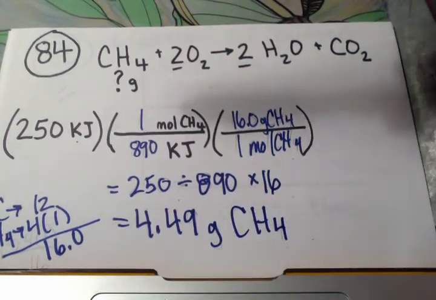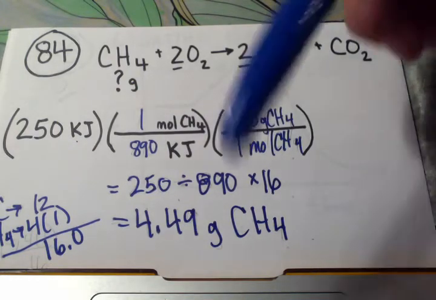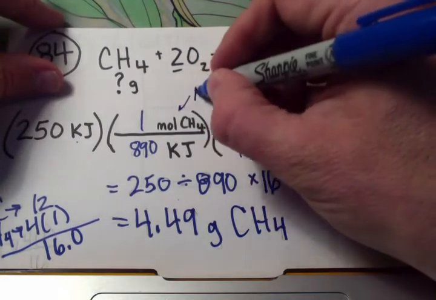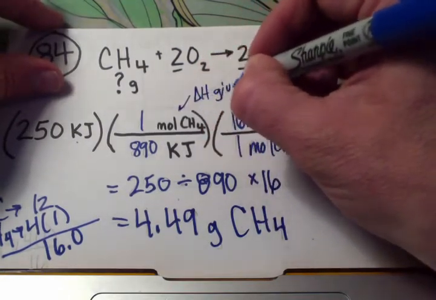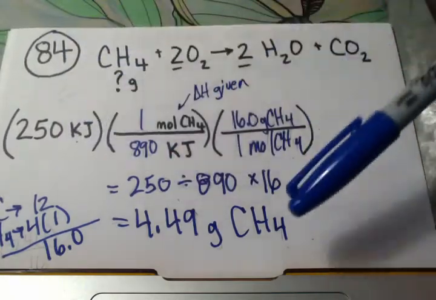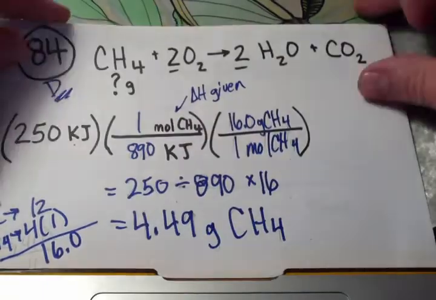A mole of gas was 16, so I have a fraction of that required to generate 250 kilojoules. So once again, I think this was that delta H for the reaction. I got a fraction of that amount of energy required, so I'm going to need a fraction of a mole to get that to happen.